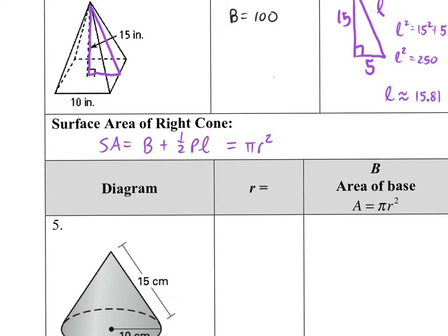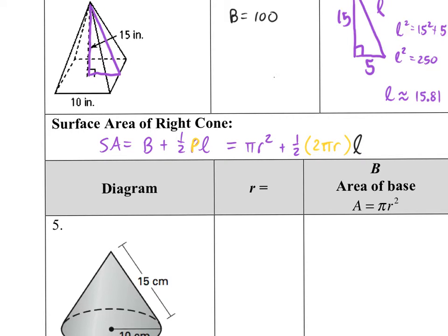Because it's a circle. The base is a circle. We also know that the perimeter of a circle is also called a circumference, so I say 2 pi r. I just substitute in. And the L is still L. No changes there.